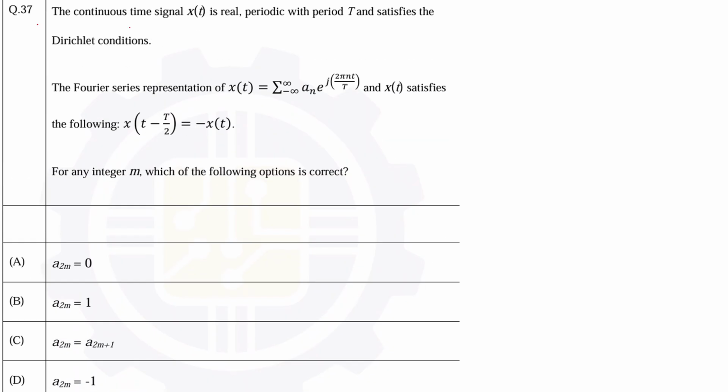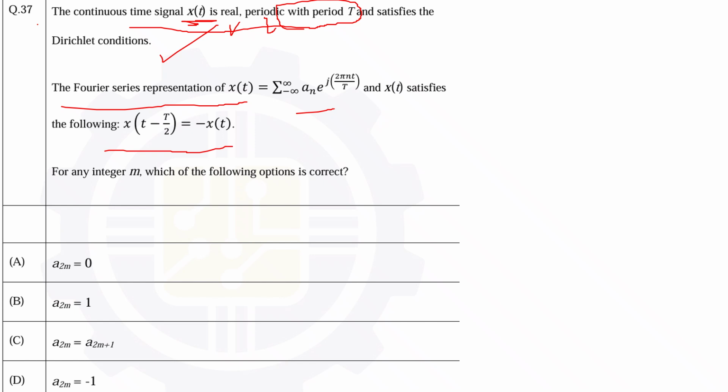A continuous time signal x(t) is real, periodic, and with period T. So already it has been given that the x(t) signal is real and periodic also, right? And satisfies the Dirichlet condition also. The Fourier series representation of x(t) is equal to this, and x(t) satisfies the following: x(t minus T by 2) is equal to minus x(t).